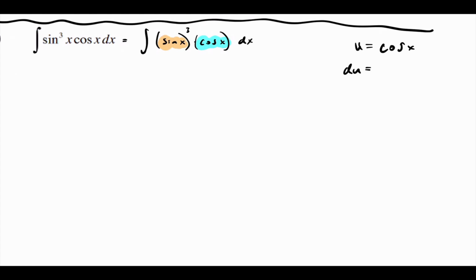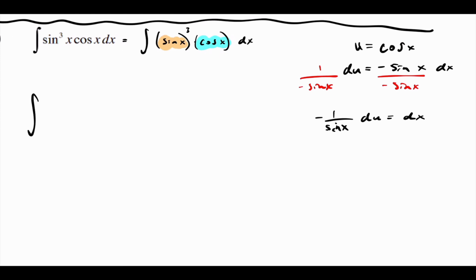What's the derivative of a cosine? Negative sine, right? du equals negative sine dx. Divide by negative sine. So 1 over negative sine of x, right? So we get negative 1 over sine of x du equals dx.